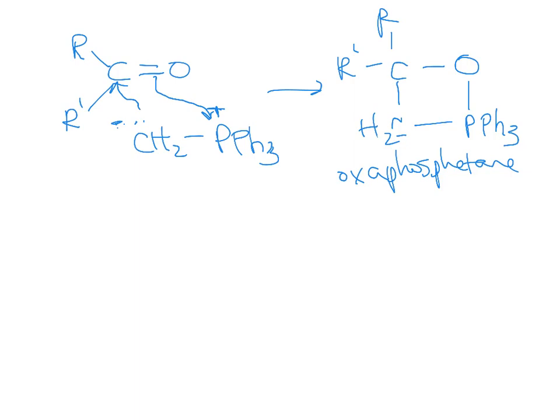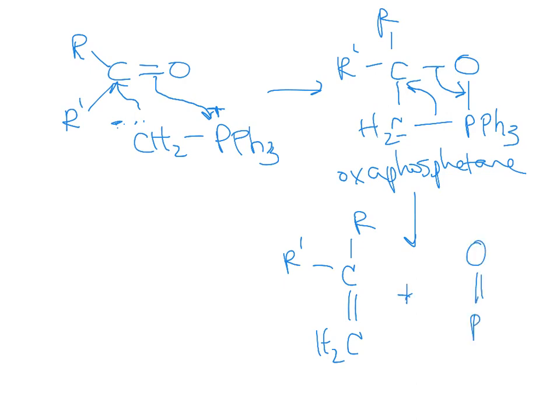Your oxaphosphetane then collapses. The electrons from the C-O go down here. The electrons from the phosphorus to the carbon come up here. And now you have your carbon with your two R groups double bonded to the CH2, or whatever was on the phosphorus, and you have your oxygen double bonded to the PPh3 over here.